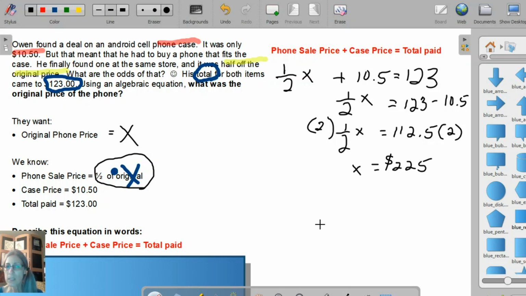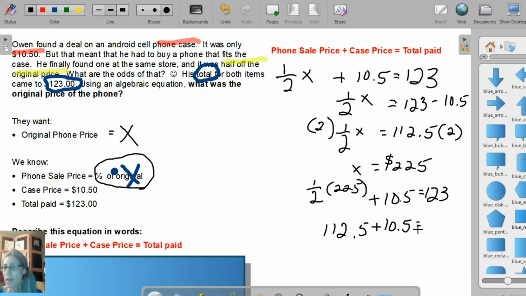So let's check and see if that works. If we took 1/2 of this original 225 and we added that to the 10.50, does that equal the 123 that he paid? Well, let's see. 225 divided by 2 is 112.5 plus 10.5.